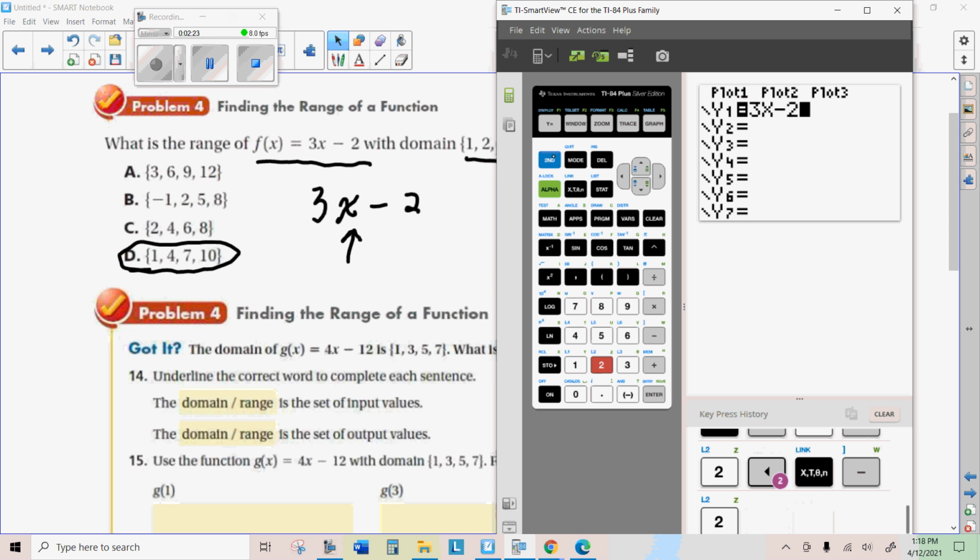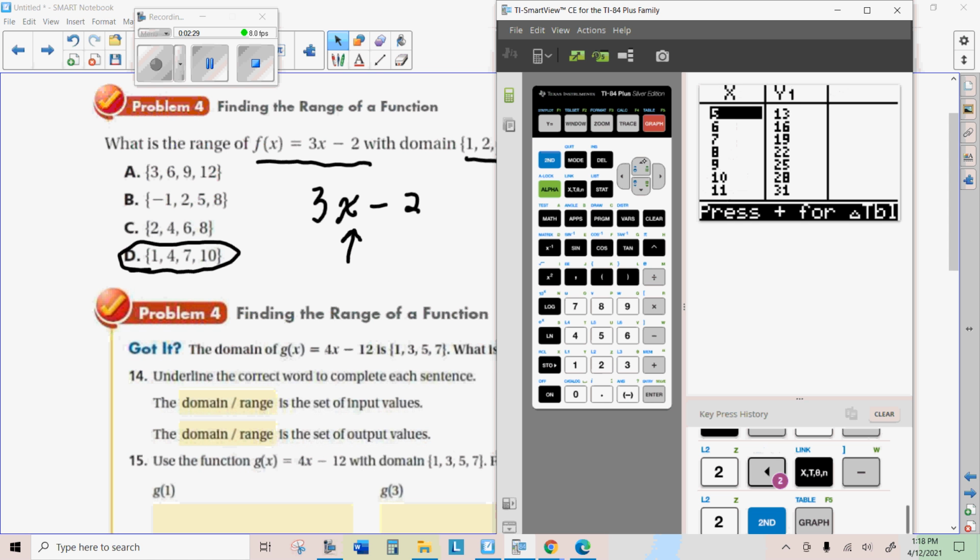And then remember, there's a table function you can use. To get there, you press the blue button first, second, and then graph. And then just look for the inputs you want. We wanted the inputs 1, 2, 3, and 4. And there they are on the screen right now, starting at 1. And notice the output is 1, 4, 7, and 10. So that's another way you could do that.